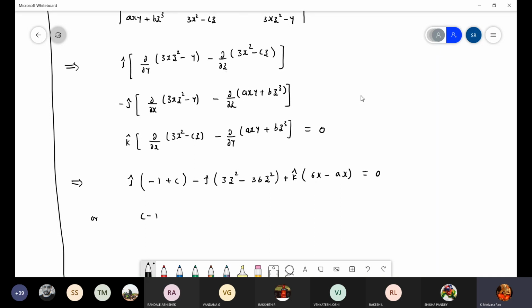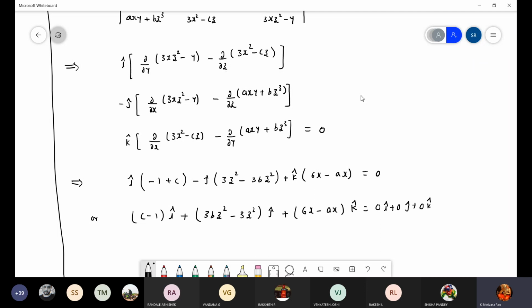So (c minus 1) i cap. I will write plus only, multiply the minus inside and rearrange. 3bz square becomes positive, no? So (3bz square minus 3z square) j cap plus (6x minus ax) k cap, that is equal to 0i plus 0j plus 0k. 0 can be written in the vector form.